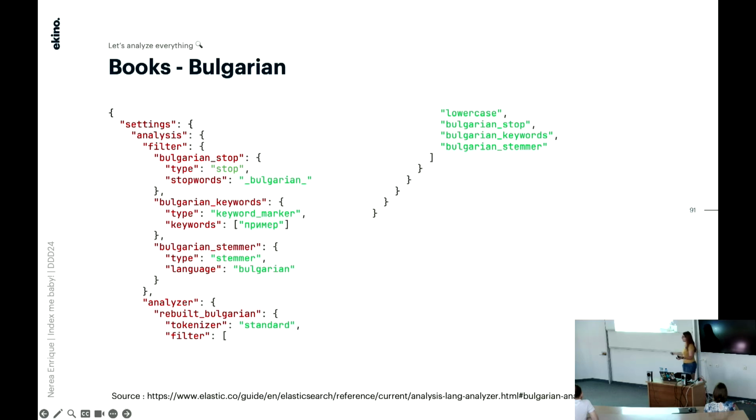So again, if I use some Bulgarian tokenizer and settings, there's no reason for me to put English documents in a Bulgarian index, because Bulgarian and English are totally different languages. They don't have the same stems, roots of the words. They don't have the same way to write sentences. There's no way it's going to work.